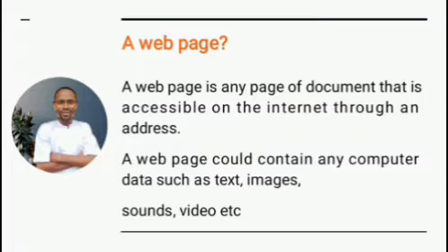But when we say it's a web page, it's a document that is accessible on the internet through an address. It will contain text, images, sound, video, or any other digital asset. That is a web page.